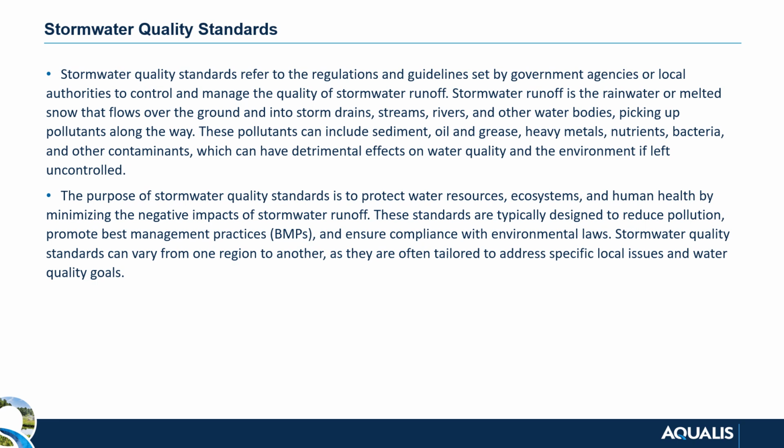These standards are typically designed to reduce pollution, promote best management practices, and ensure compliance with environmental laws. Stormwater quality standards can vary from one region to another, as they are often tailored to address specific location issues and water quality goals.